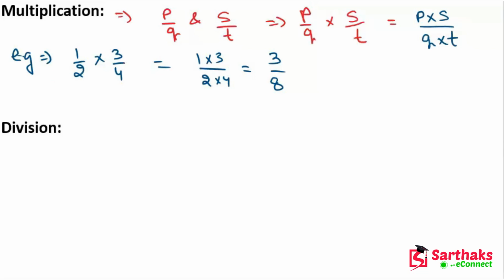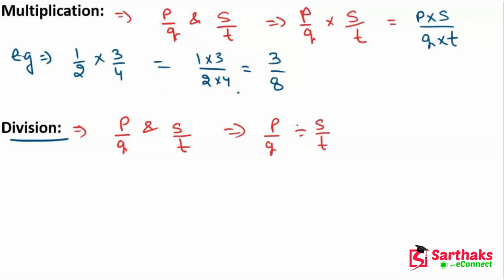Now the most important thing is division. In this case, let's suppose we have P upon Q and S upon T, again two rational numbers. If we have to divide P upon Q by S upon T, we have to change the division sign into a multiplication sign.